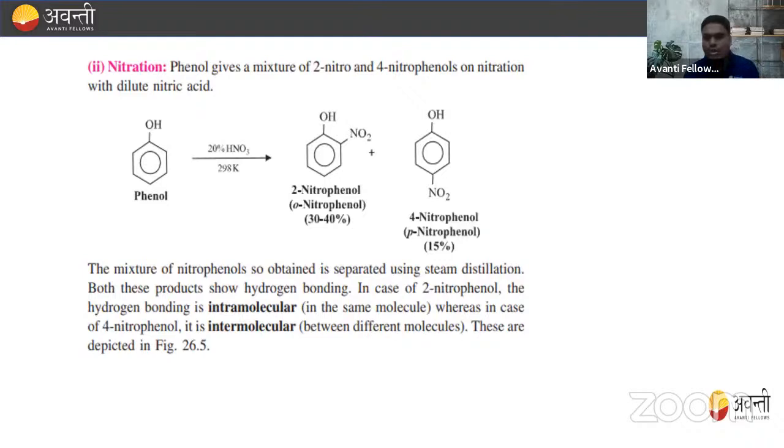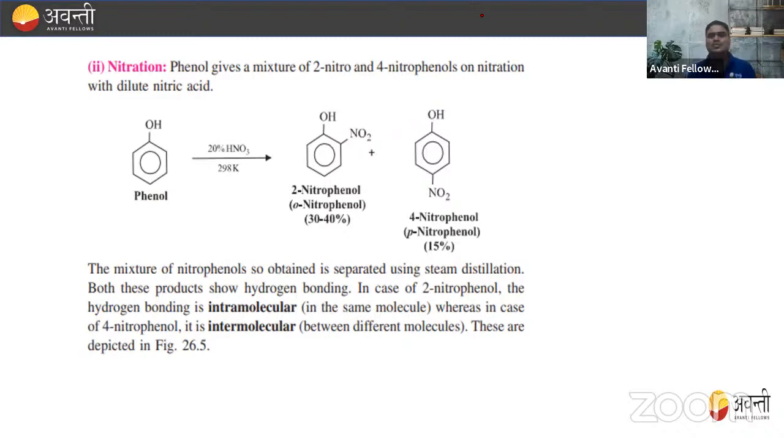Now, what happens in case of nitration, right? So basically in nitration also, phenol gives a mixture of 2-nitro and 4-nitrophenol, like ortho and para. We can say that 2-nitro and 4-nitrophenols are formed on nitration with dilute nitric acid. So here this is only 20% HNO3.